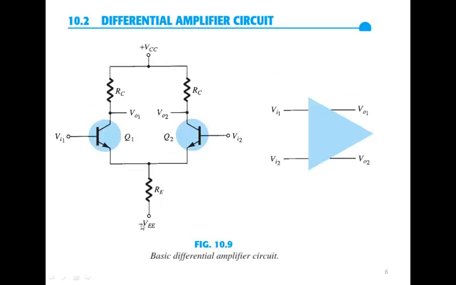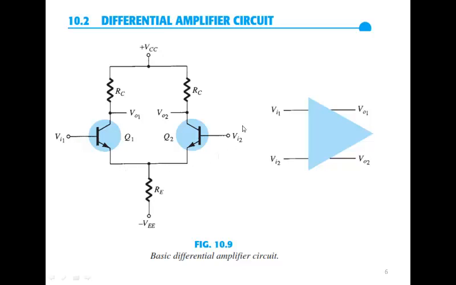Before going to the AC analysis to determine the common mode gain, let us see the impact of applying inputs of the same magnitude at both inputs, that is the common mode case. If I apply voltage at this point and at this point of the same value, then with the application of voltage at this point, the current IB will increase and the corresponding emitter current will also increase.